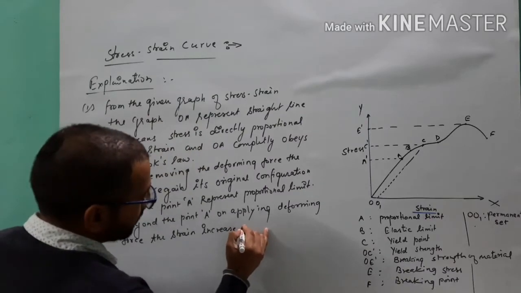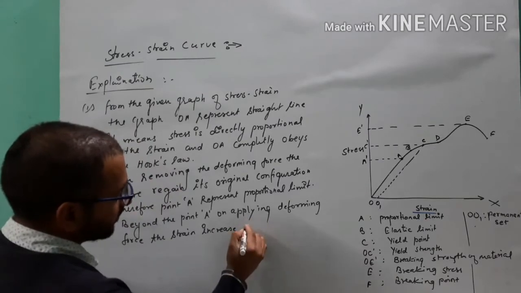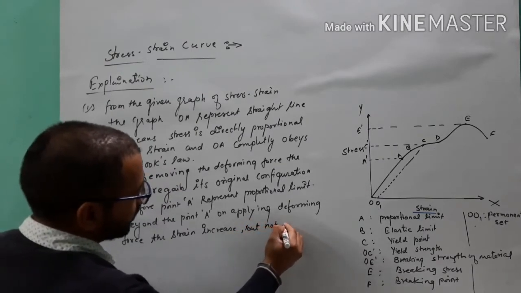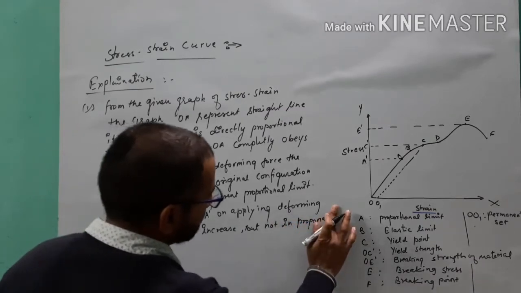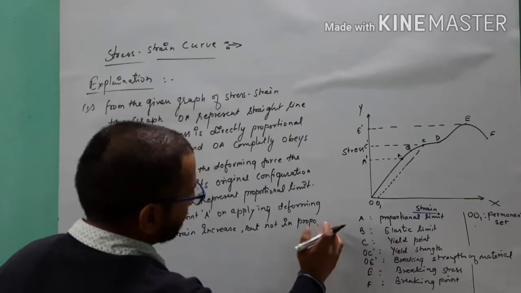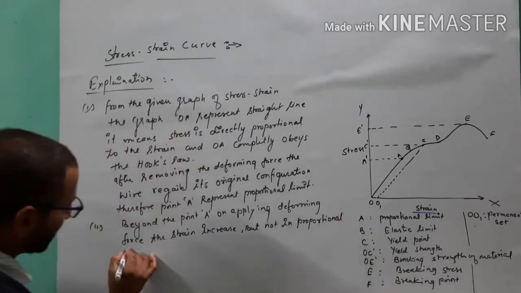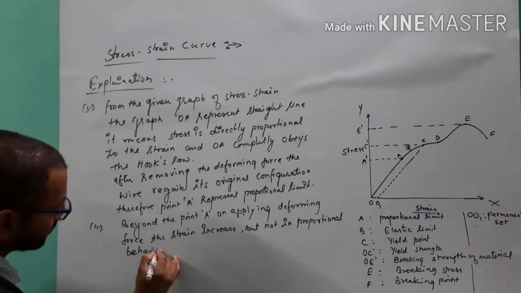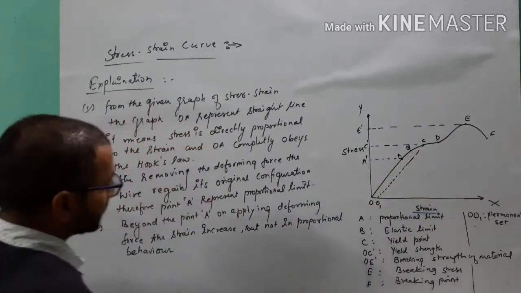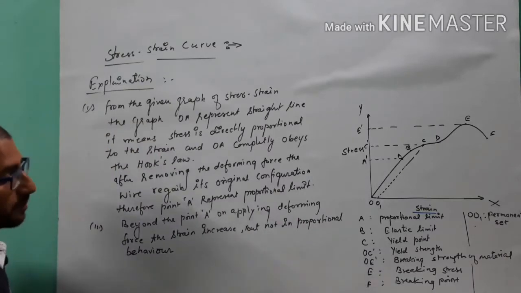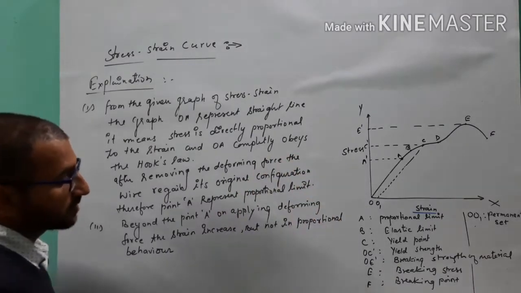It increases but not in proportional behavior. As you can see, the graph is not a straight line from A to B, so it is not representing proportional behavior between stress and strain.